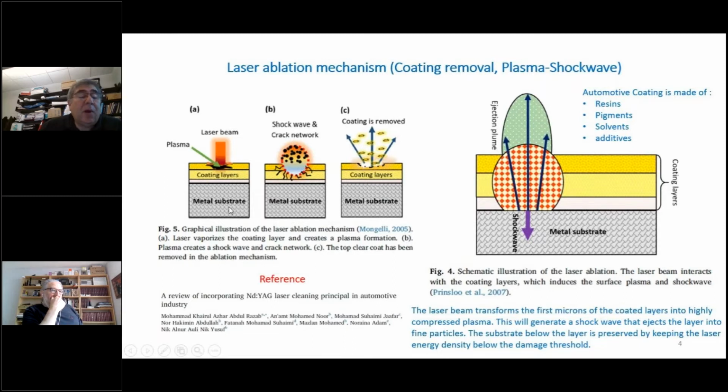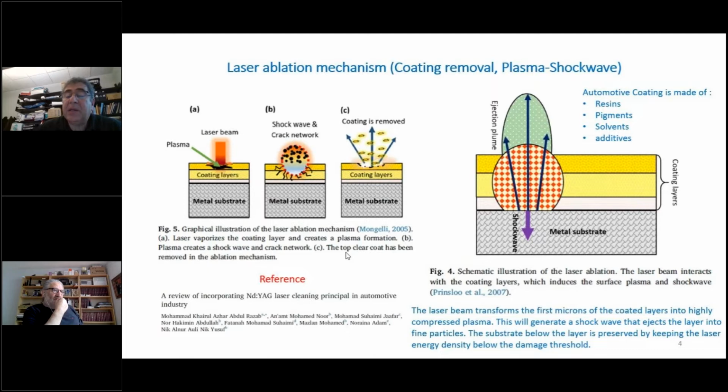When one wants to remove them, you would focus the laser beam, and the energy would be absorbed by the coating, and a shock wave is formed, and it cracks the network, and then basically blasts all the particles of the coating. So that's how the coating is removed. This generally happens when you have shorter pulses and higher energies.